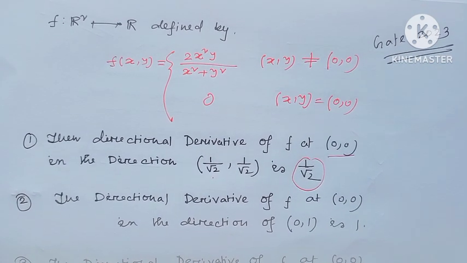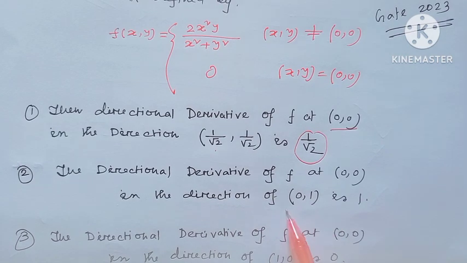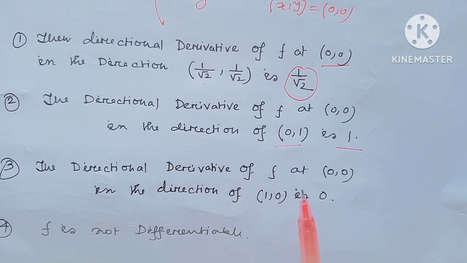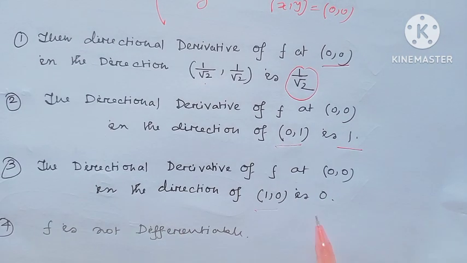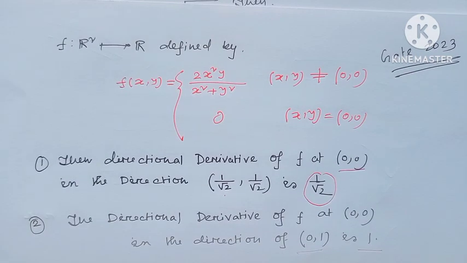Option 2, the directional derivative of f at the point 0, 0 in the direction 0, 1 is 1. Option 3, the directional derivative of f at the point 0, 0 in the direction 1, 0 is 0. F is not differentiable. Which of the following is the true option?